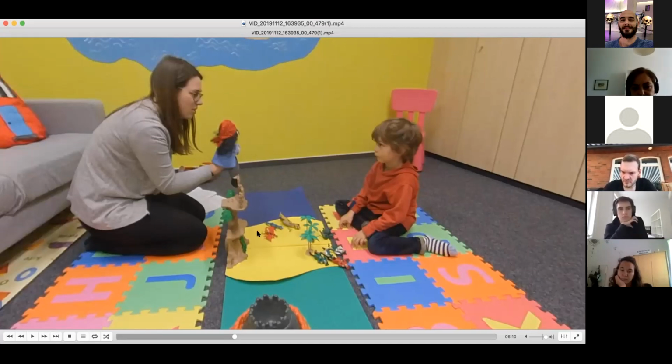So you see, this scenario is not really critical to see whether children adopted one of the two scope interpretations, because even if they interpret the sentence with the inverse scope, not all the pirates climbed on the tree, they would still be compatible with this scenario, okay?